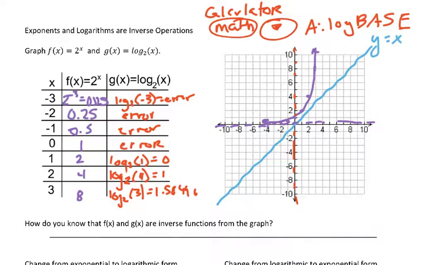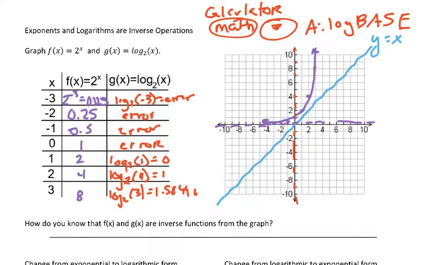Ultimately, because we are doing inverses, we could just flip each of these values, and so we could have plotted an x value of 0.125 and a y value of negative 3. And that would have worked as well. But of course, to prove that it's an inverse, it's hard to use the fact that it's an inverse to prove that. So, all right.